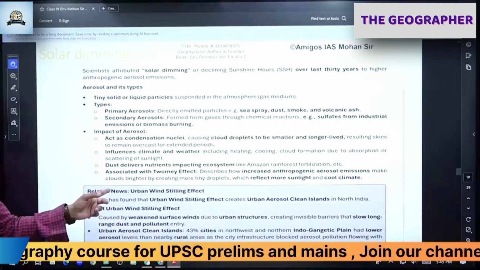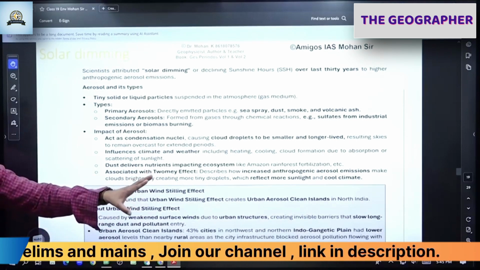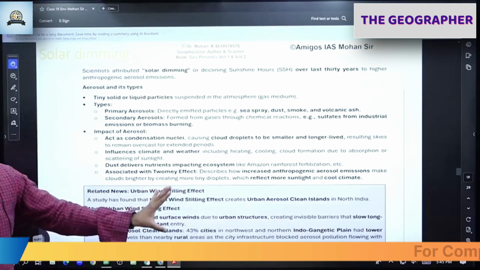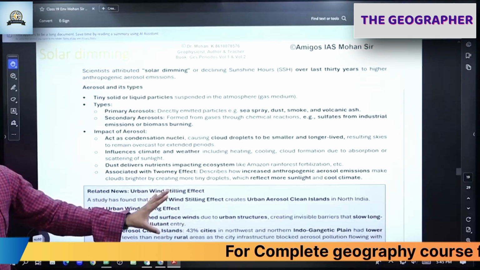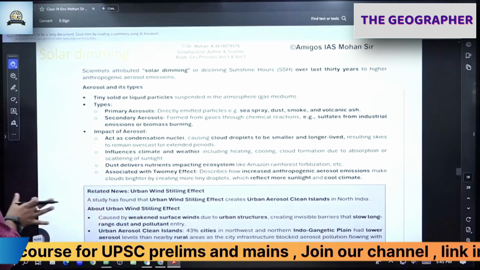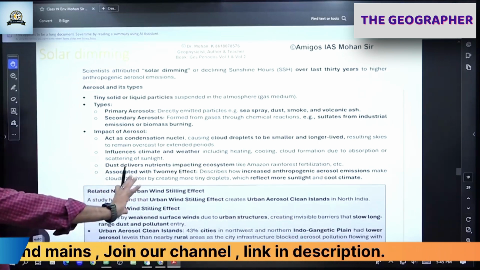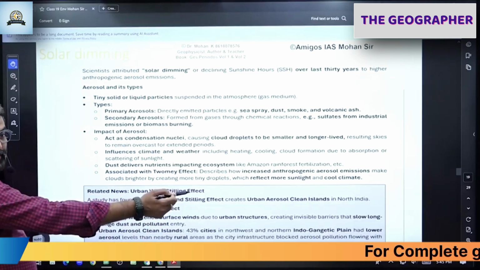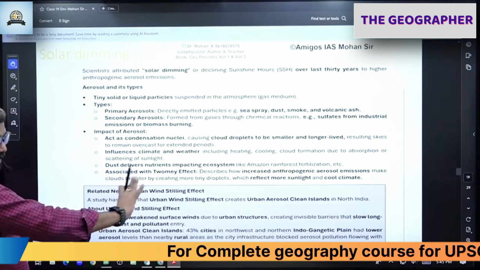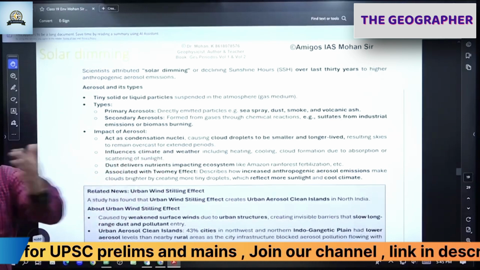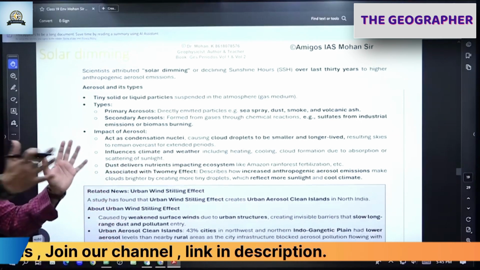So because of the structures, most of the wind entering the urban area from the rural areas is blocked and weakened as it enters. So this is also a process in which most of the aerosols are not entering the urban environment. They are getting stalled in the rural areas itself.